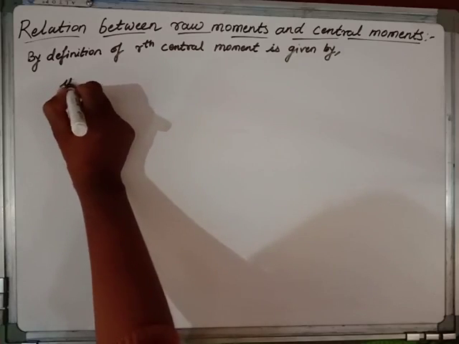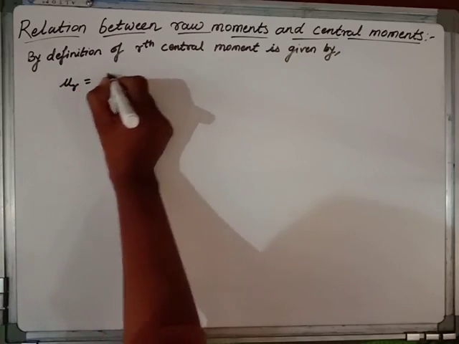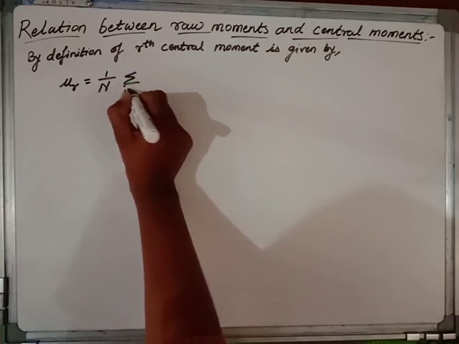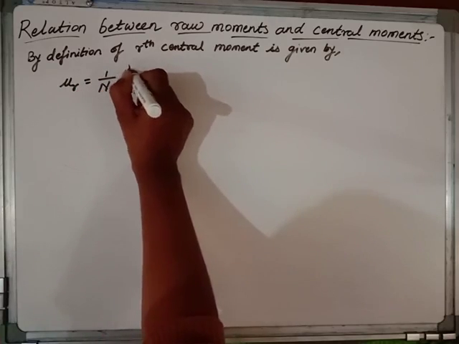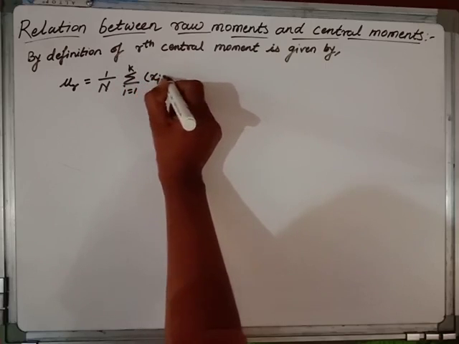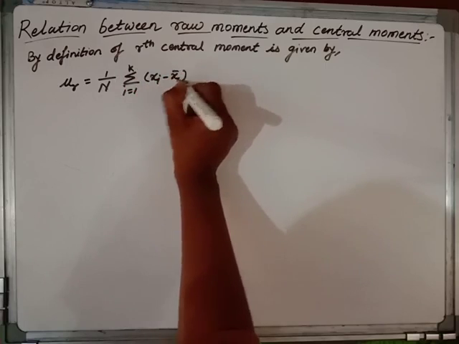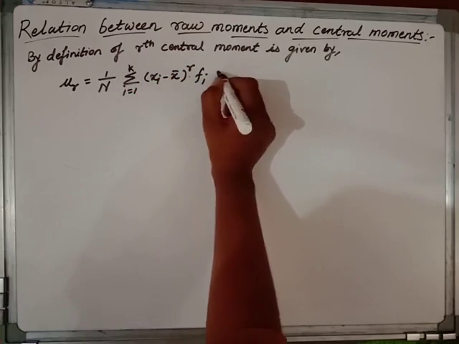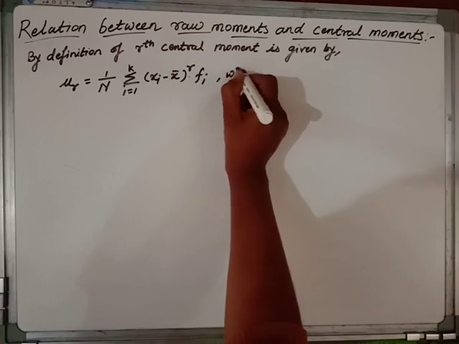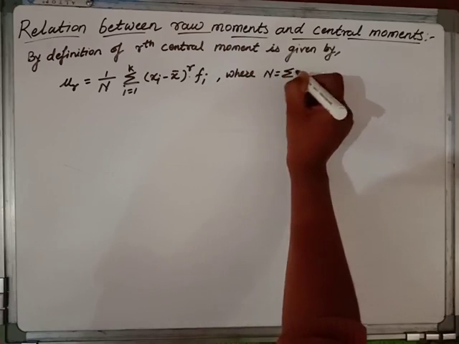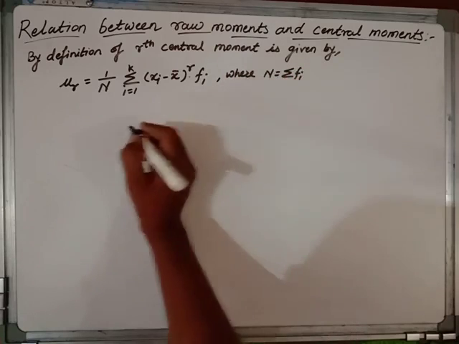mu r. Mu r is equal to 1 upon n summation i from 1 to k, xi minus x bar raised to r into fi, where capital N equals summation fi. Fine.